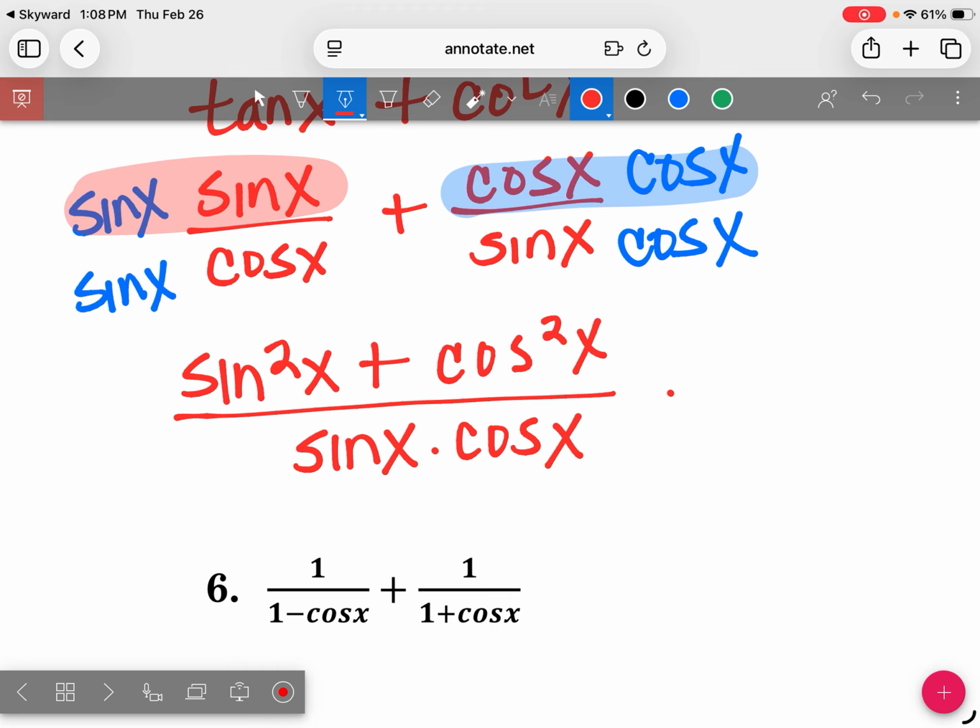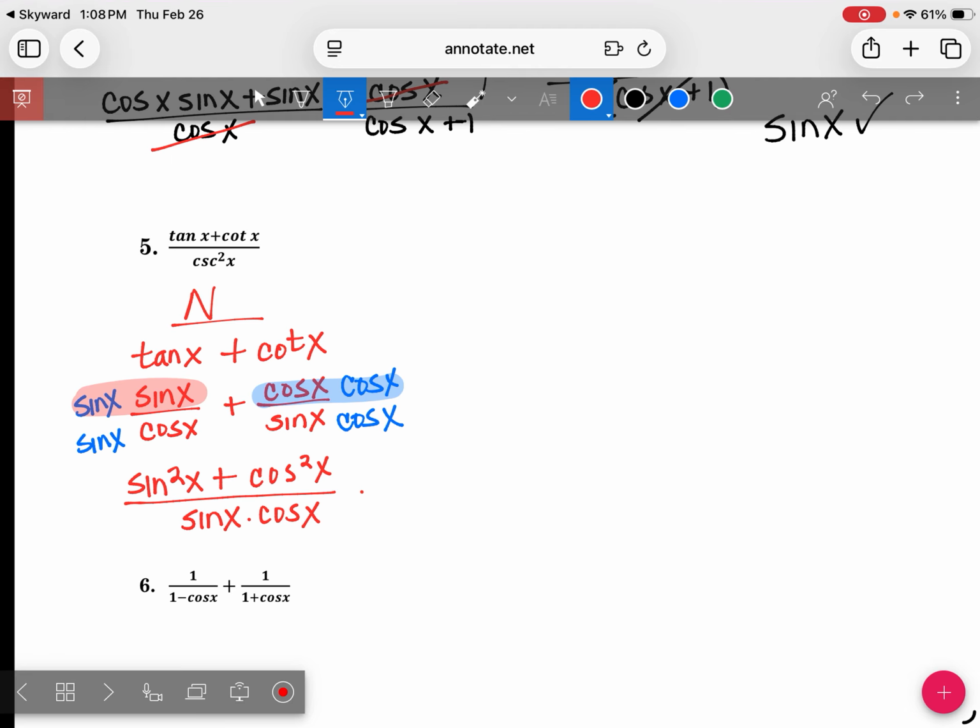What do I have that I can substitute? There is an identity in that question. The same identity we're going to talk about a lot. Sine squared plus cosine squared equals 1. So this is going to change to 1 over, I'm going to write it over here, so this becomes 1 over sine cosine.